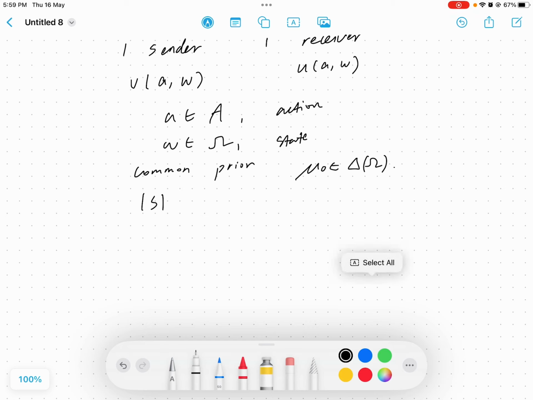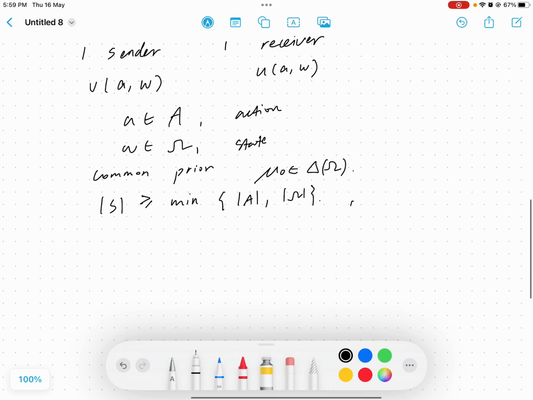It means that we have to assume that this is no less than the minimum of the cardinality of the action space and the state space, so that this S is not a small set. So we assume that it's big enough, and we also assume that S is finite for simplicity.